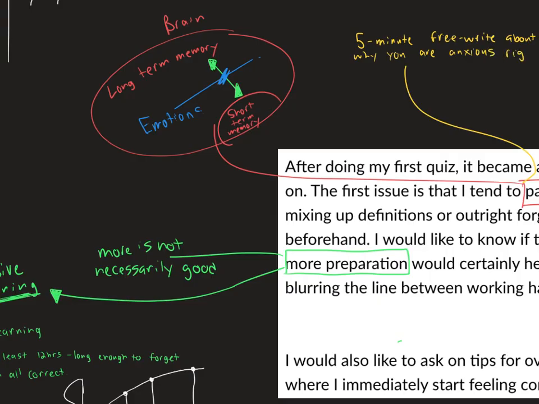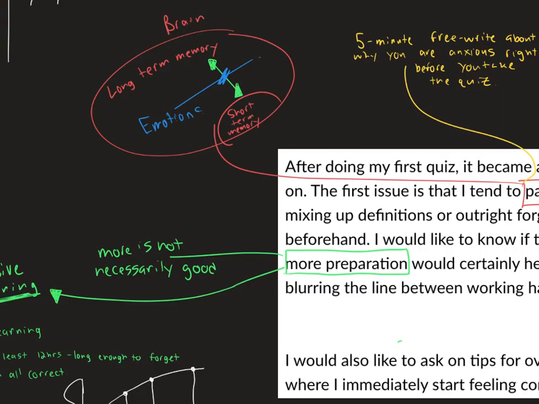Right before you take the quiz, right before you take the quiz. That's super helpful. The research shows it improves scores by up to 10% on average. So very effective. Just writing about your anxiety, writing about the quiz, how you're feeling.